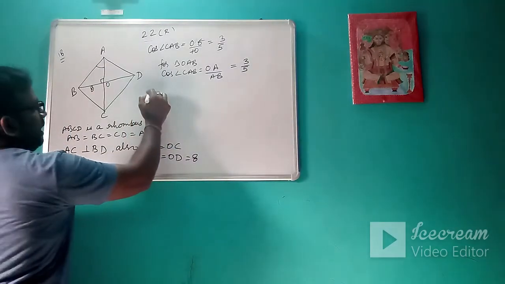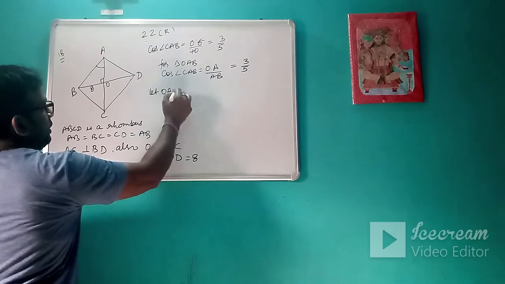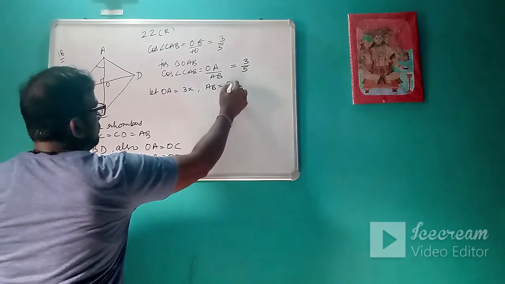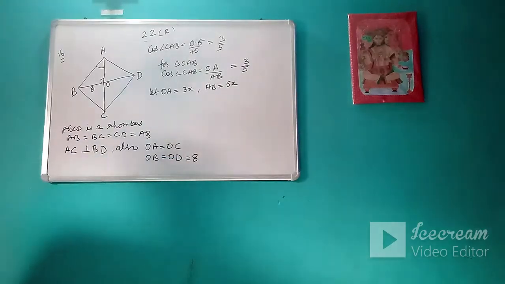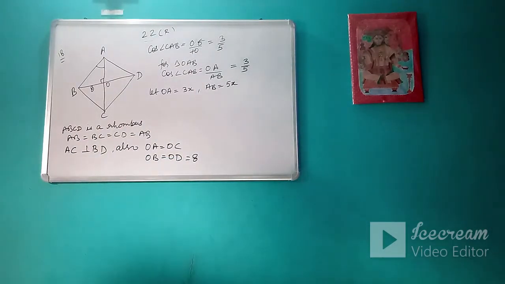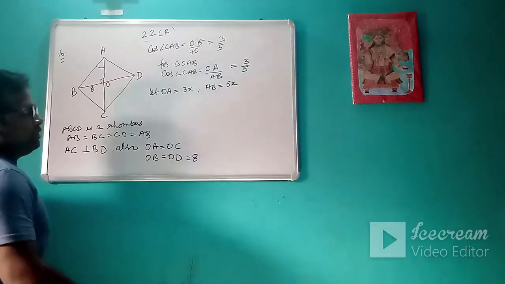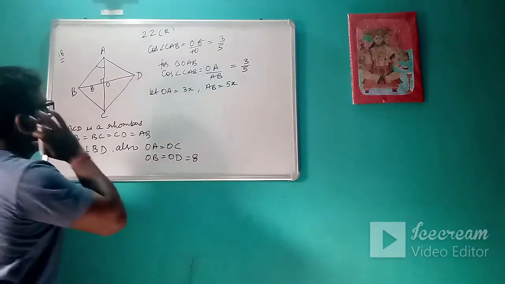So we will assume OA equal to 3x and AB equal to 5x. We will use the property of the ratio. There is one more way to solve this question, but first we will solve it by this method.